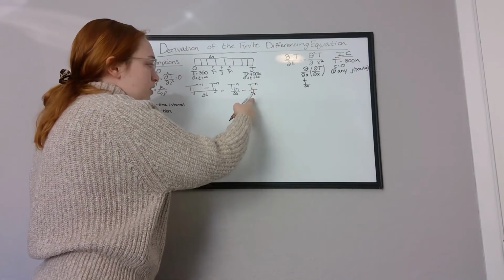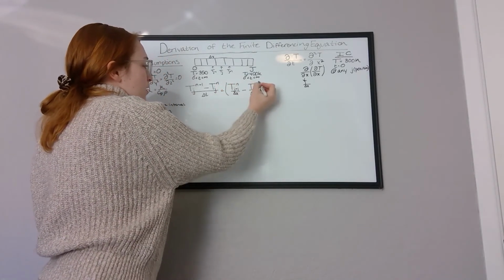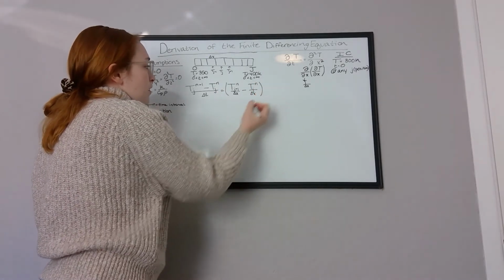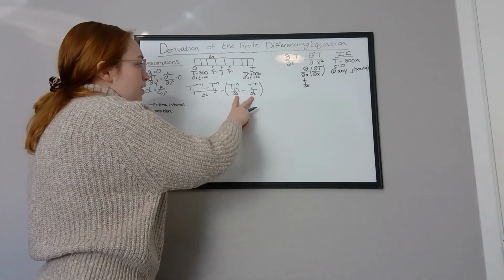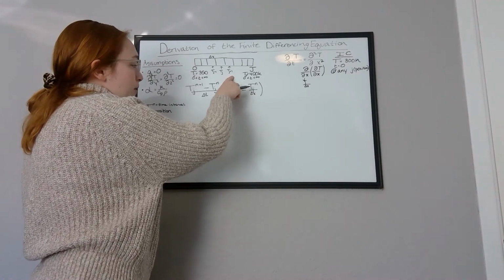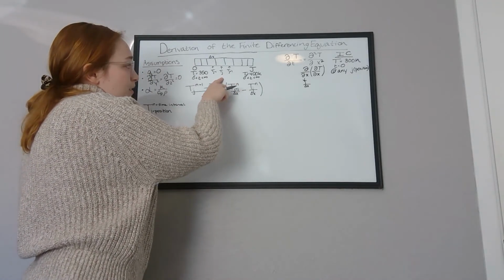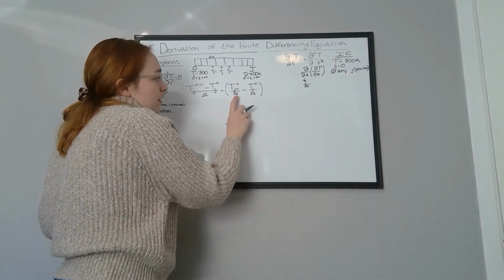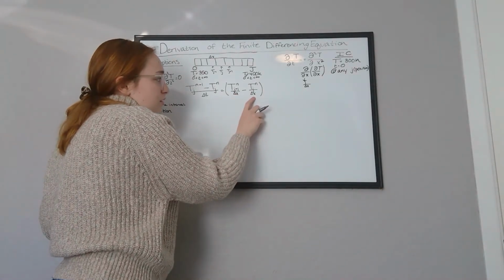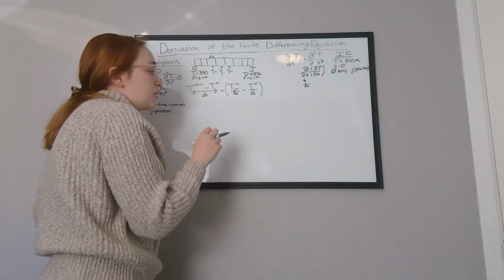So this is one term. This is the change between these two, and then we have to do the change between the one and the one behind it. So this is like final minus initial, and then we'll do another final minus initial.